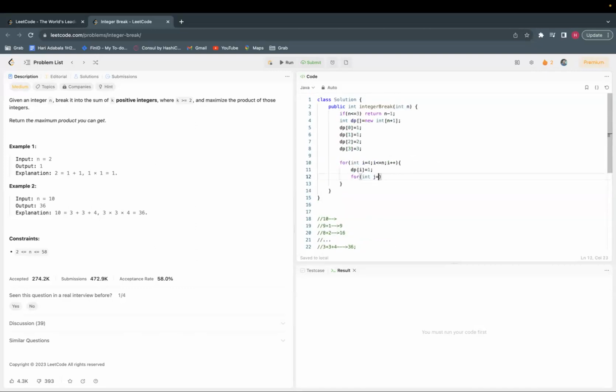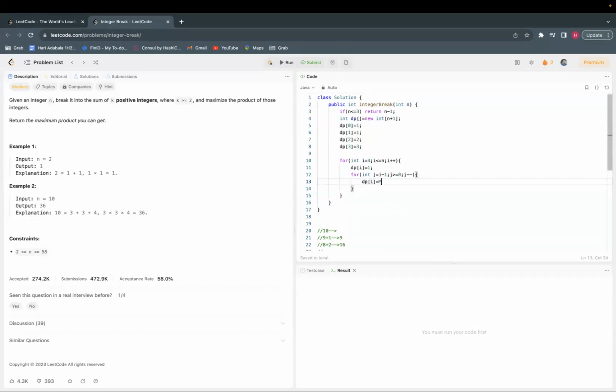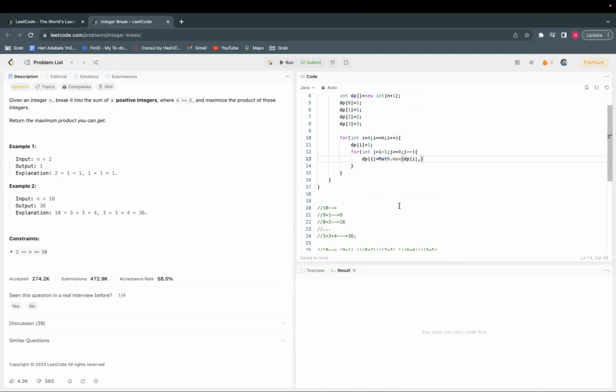For int j equal to i minus 1, j greater than or equal to 0, j minus minus: dp of i equals Math.max of dp of i, and the other one, where we split till j and take the remaining part, so dp of j times dp of i minus j. At the end we can return dp of n.